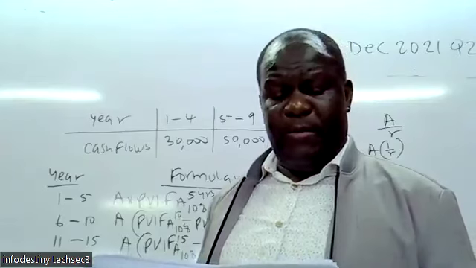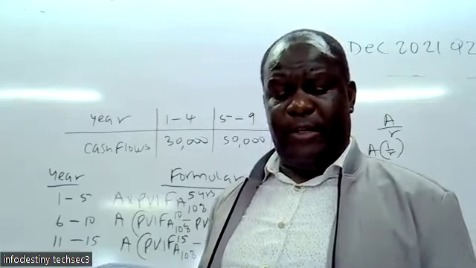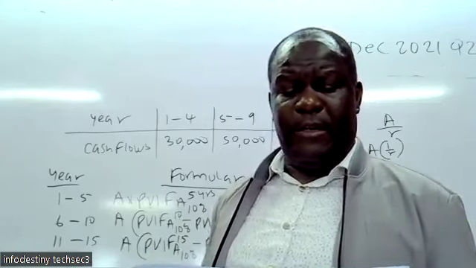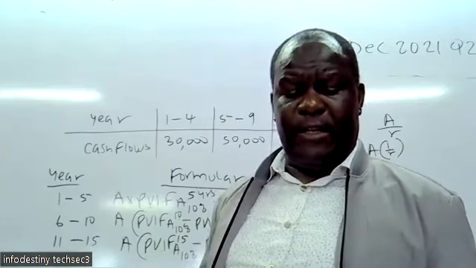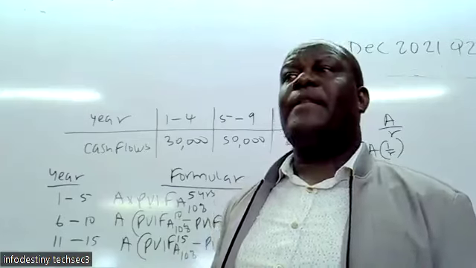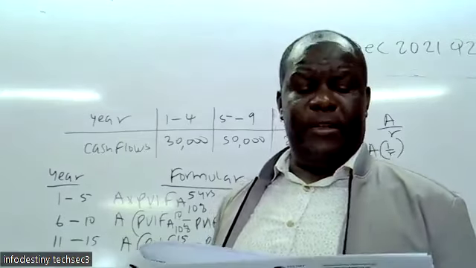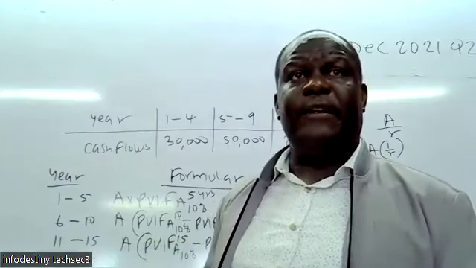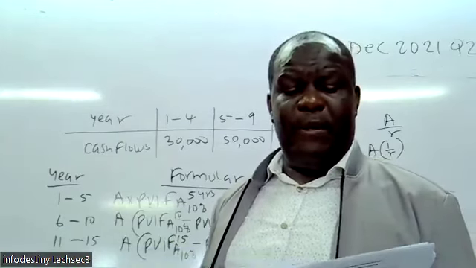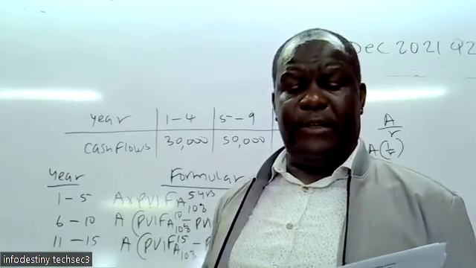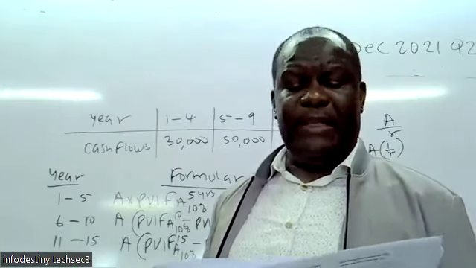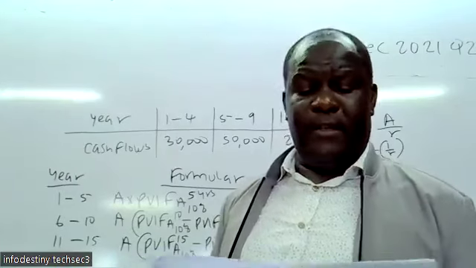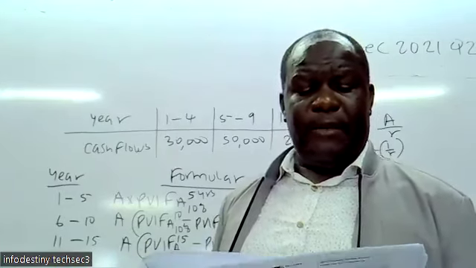So the minimum required rate of return is 5% above the risk-free rate of return. So risk-free rate of return is given as what percent? 15. So that means your cost of capital, you will add 15 plus 5, because they have said that the minimum required rate of return is 5% above the risk-free rate of return, which is 15%.